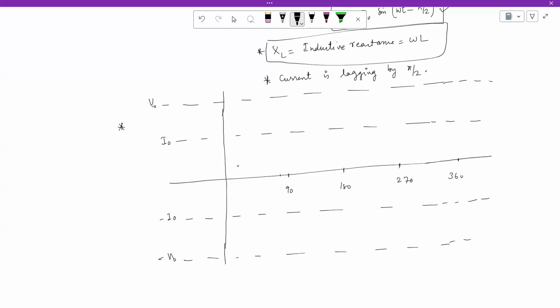So this V naught graph would go from 0 to 90, and so this goes like this, and then this.